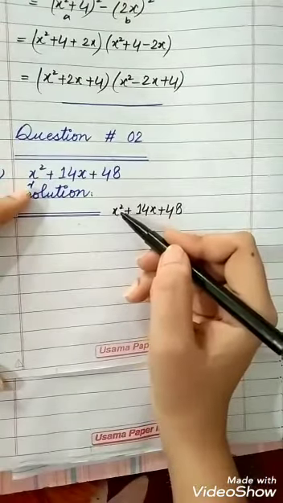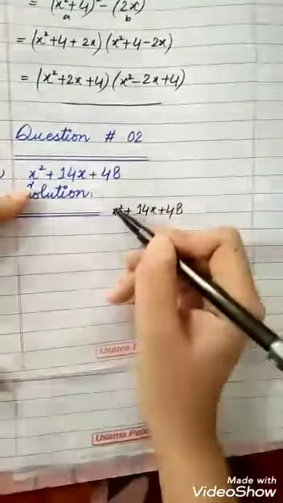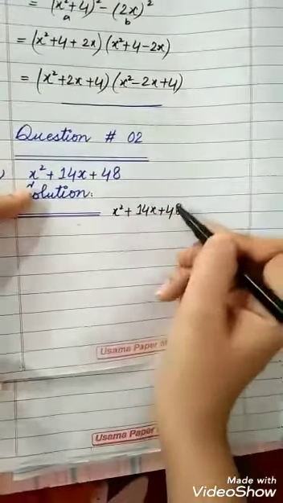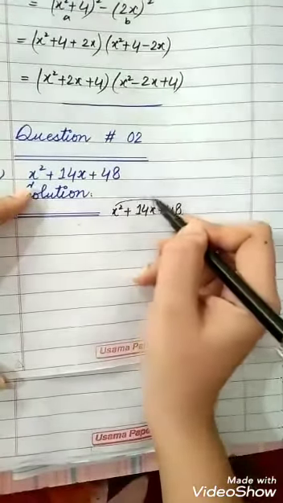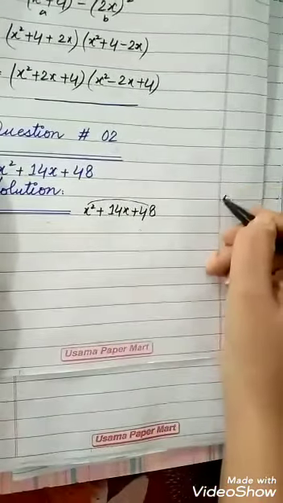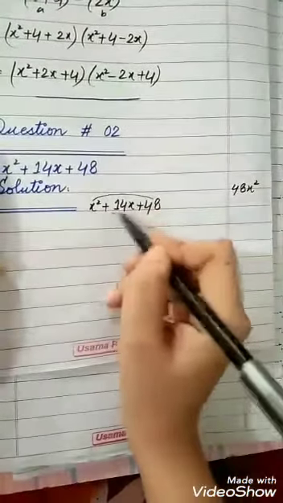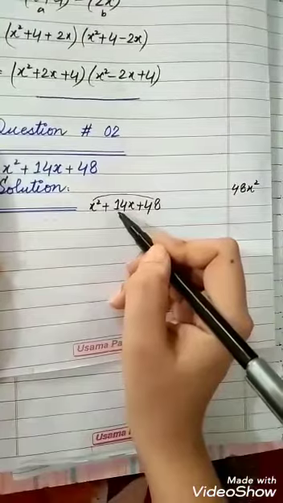The extreme values we will multiply. These two are extreme values. If we find their product, we get 48x square. The middle term is 14x.